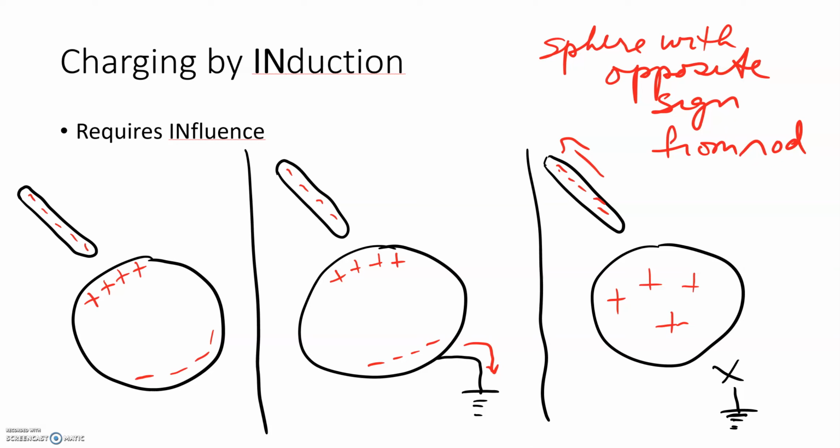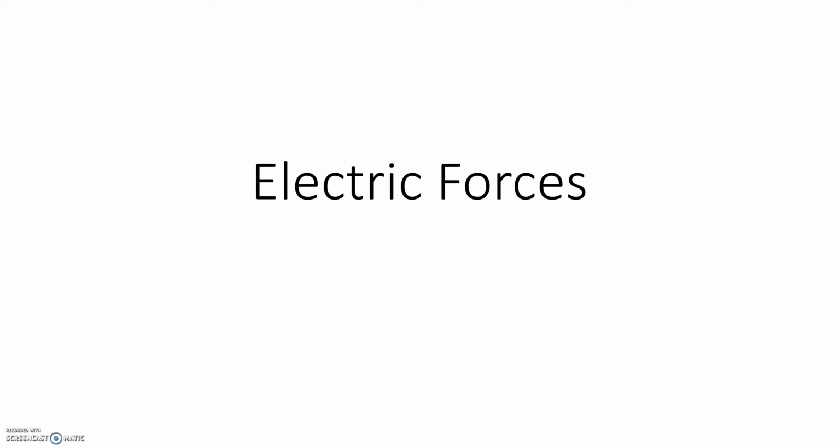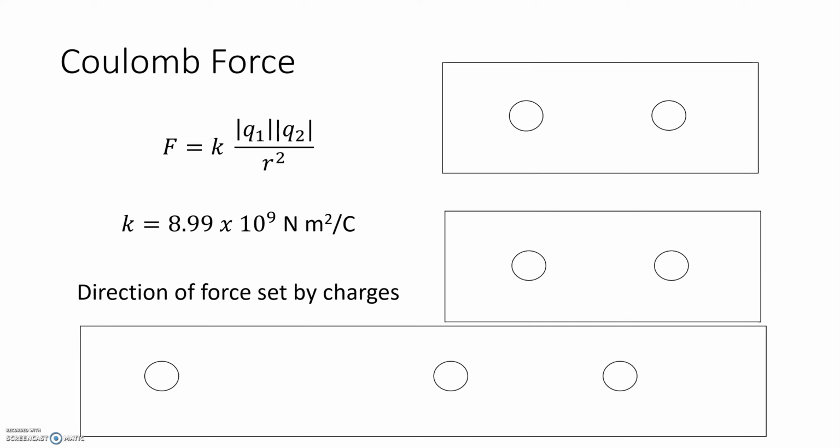Okay. The next thing we're going to talk about is electric forces. How hard is the push felt by charged objects when they're affected by other charges? This is called the Coulomb force.